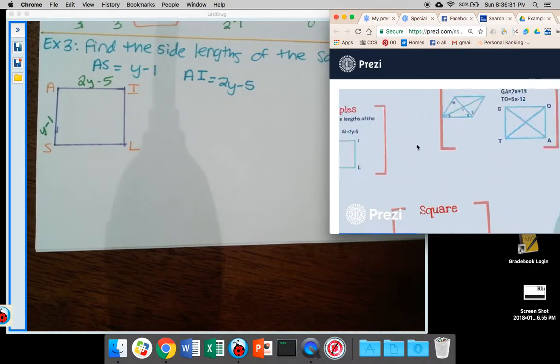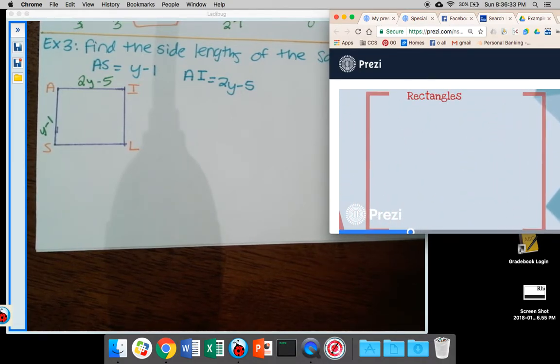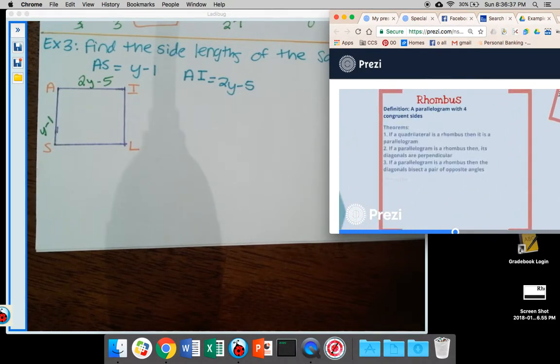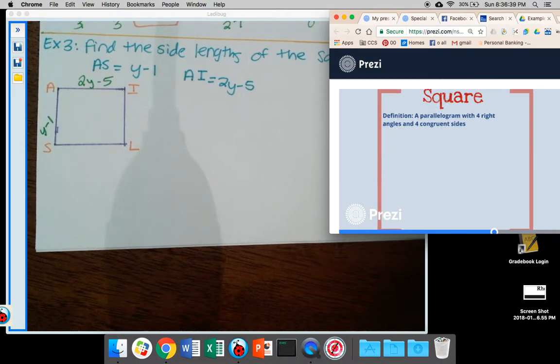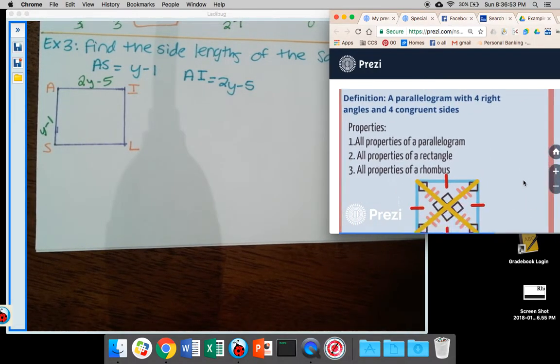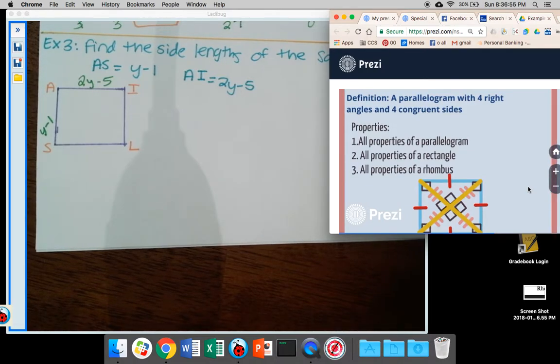Using our definition of a square, it's a parallelogram with 4 right angles and 4 congruent sides. Remember, the 4 right angles make it a rectangle, and the 4 congruent sides make it a rhombus. So can I use any of that information to help me solve?